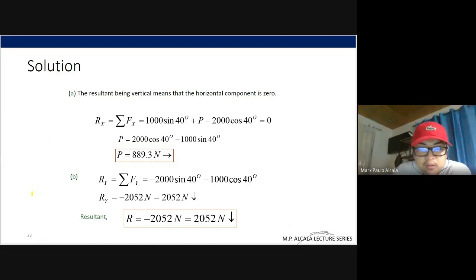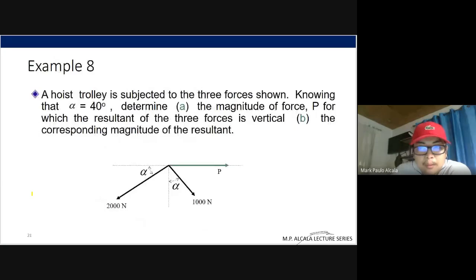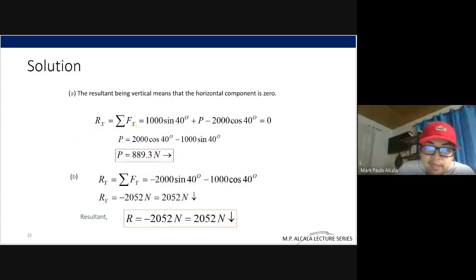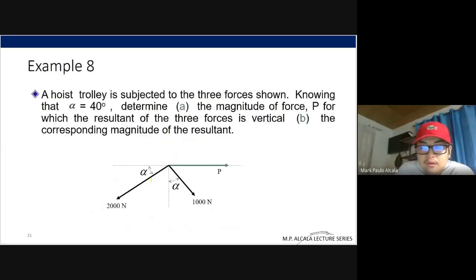One equation, since alpha is 40 degrees, summing up the x components, 100 plus sine. Why did we use sine here? Since the alpha here is 40 degrees, the opposite of alpha gives you the x component.